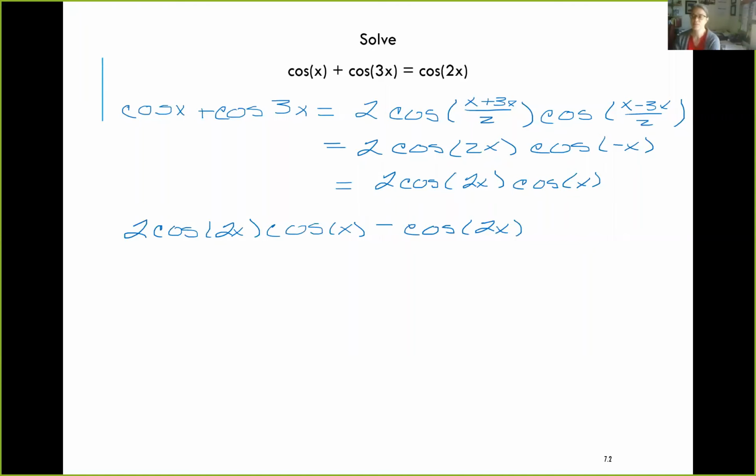Now be careful here. We want to treat this as a polynomial sort of equation, so I'm going to subtract cosine 2x from both sides. So I end up with 2 times the cosine of 2x times the cosine of x minus the cosine of 2x equals 0. Okay, I've got a cosine 2x and a cosine 2x.